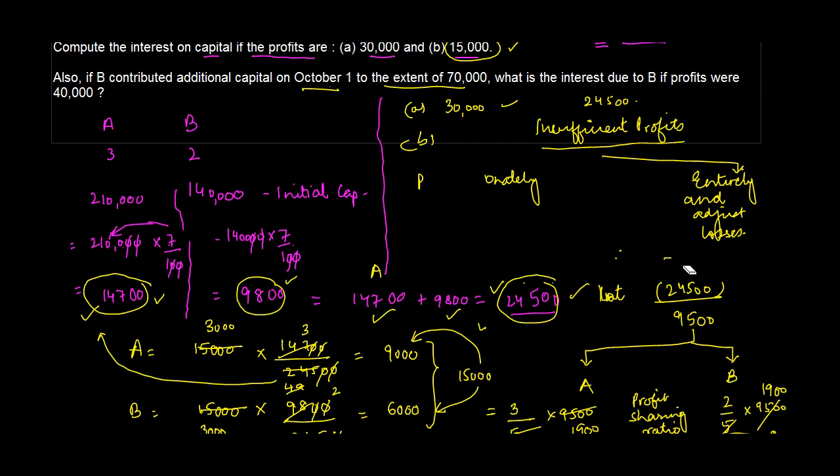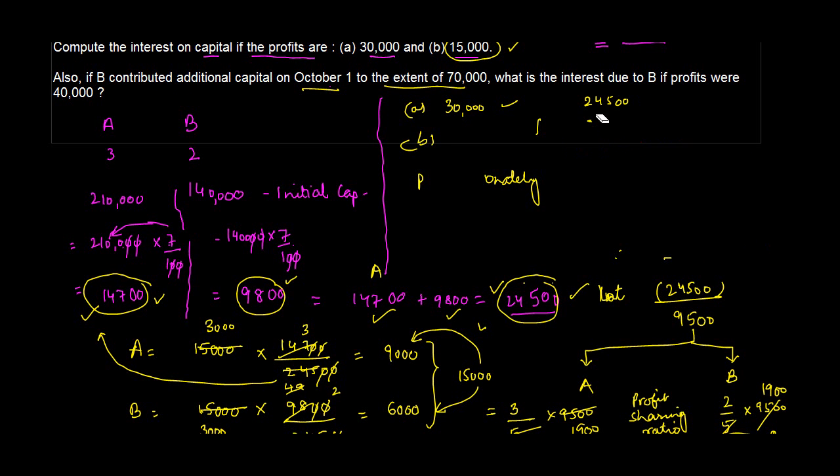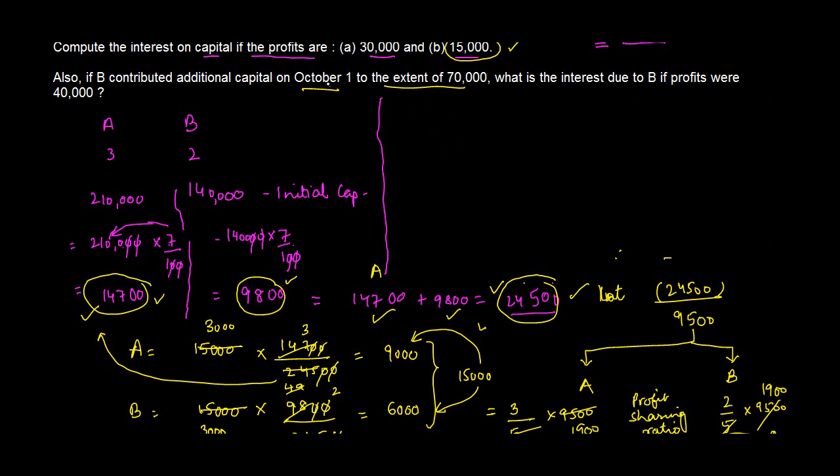Let me just clear this off to make some room. So B contributed additionally 70,000. So interest on additional capital, I told you that in such cases the interest has to be calculated from the date when the capital was infused.